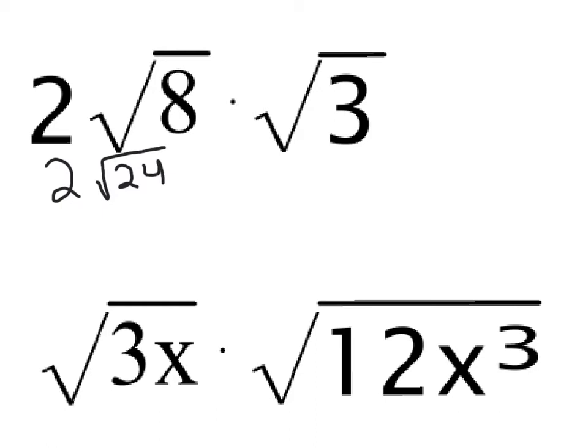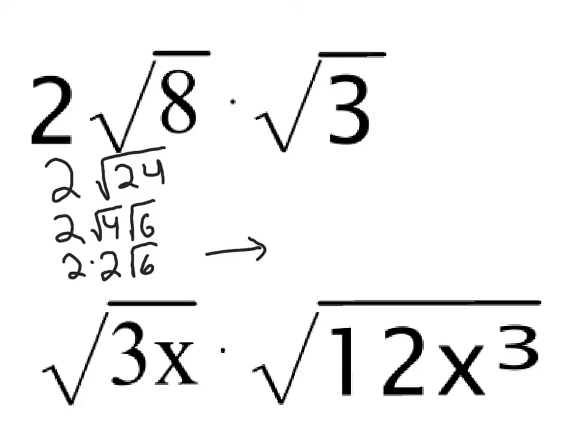And there is a perfect square in 24, it's 4. So we could take that out. So then this would be 2 out front, square root 4, square root 6, and then we simplify the 4 to a 2, and as before, we can multiply the two numbers that are out front that are not radicals. So this would be 4 root 6.